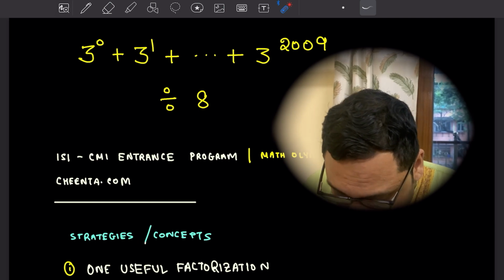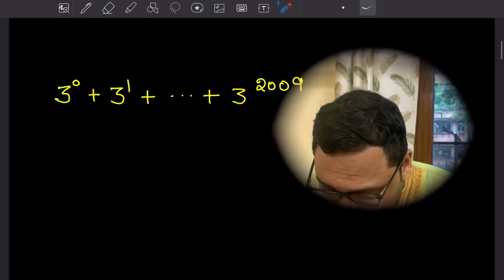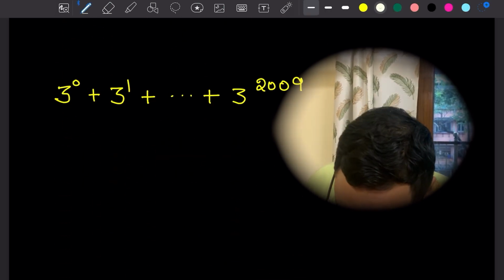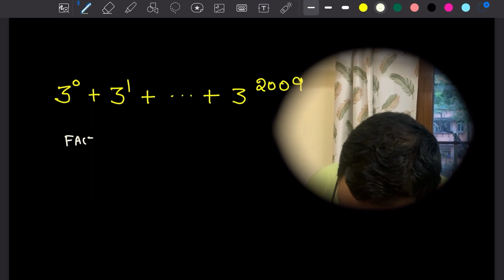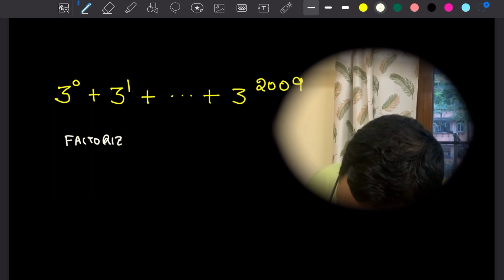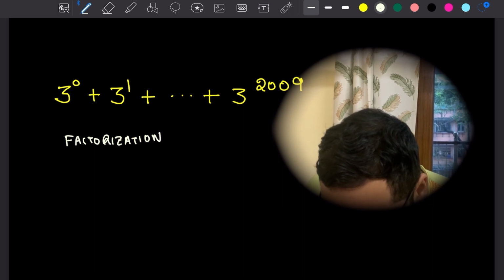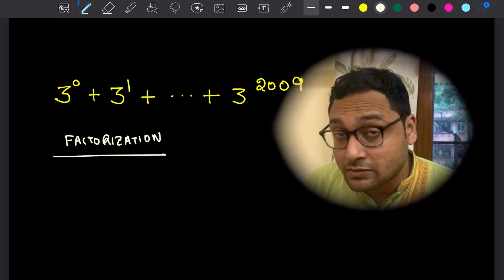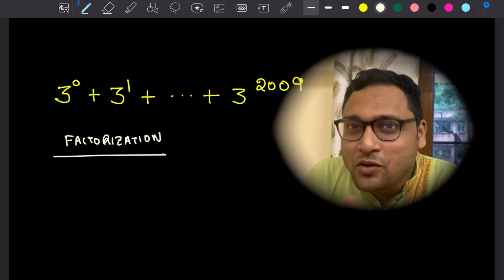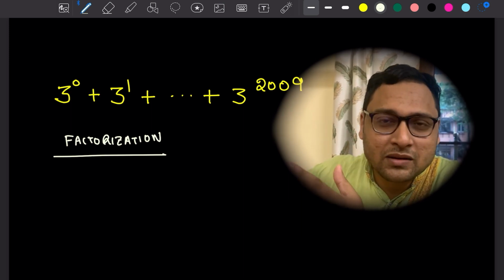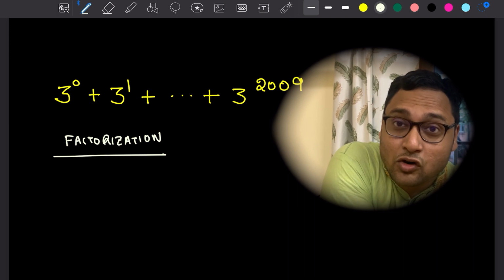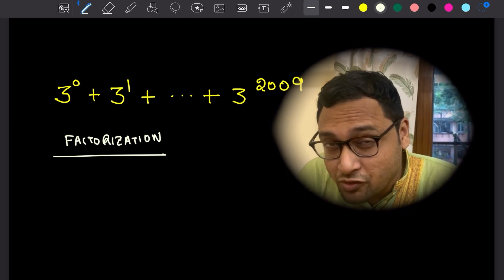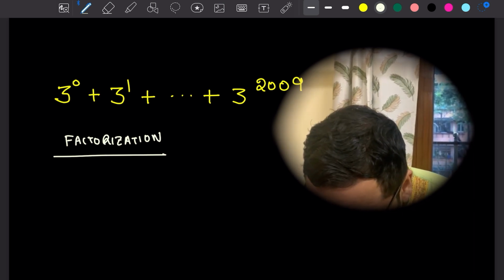So let's do this. The first thing is about the factorization. As I told you, you don't really need it to do this problem. But you know how I do it. I start with a problem and try to trace back to concepts. That way it is more fun. So what is this factorization?